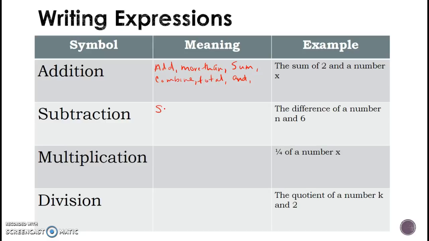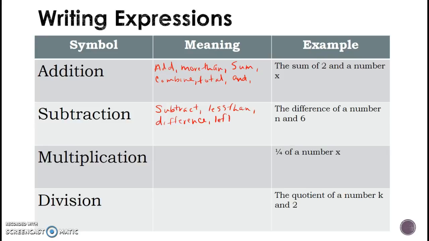Subtraction, we have subtract, less than, difference, left.